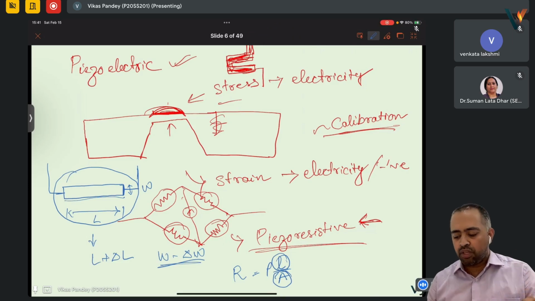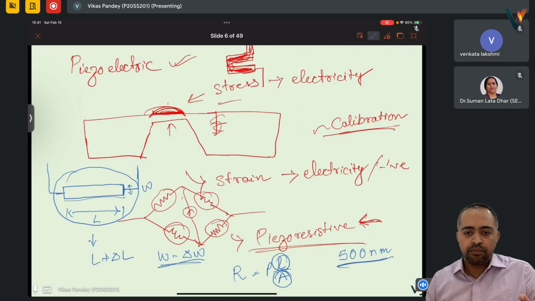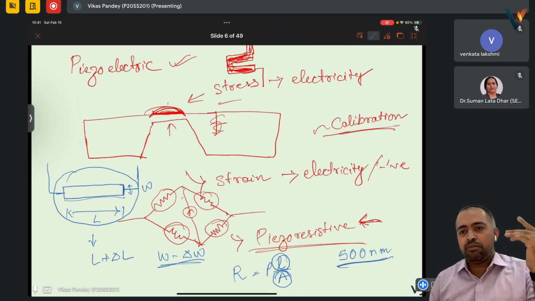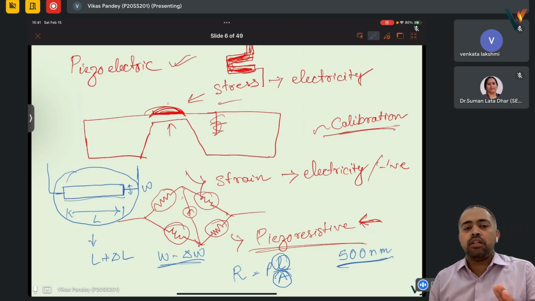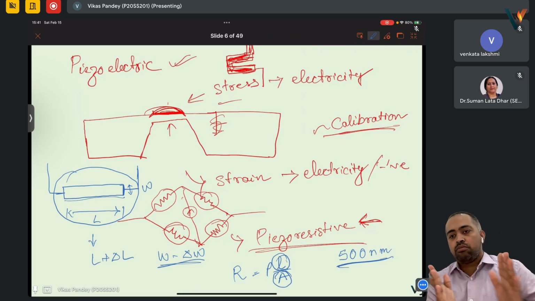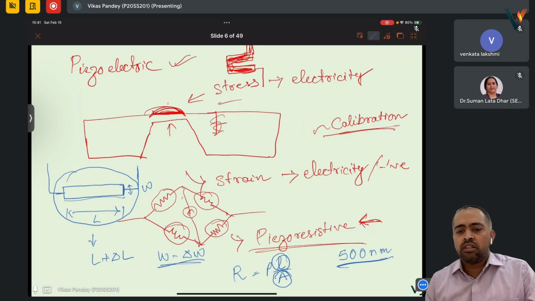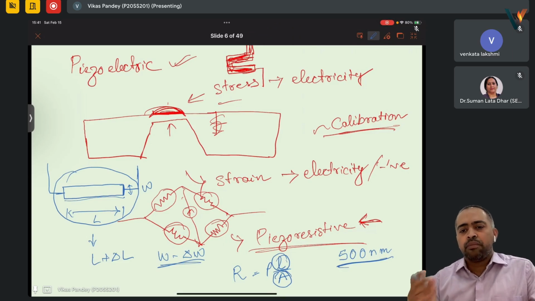Although the thickness can be, let's say we have put a 500 nanometer deposition. There can be changes, but for simplicity, for calculations at present, let's assume there is no appreciable change in the thickness. From 500, it might reduce to say 550, 450 maximum or something.